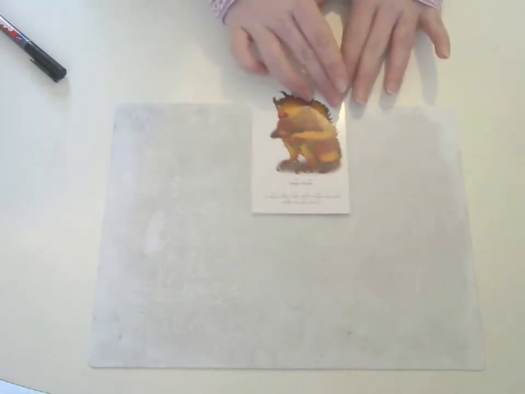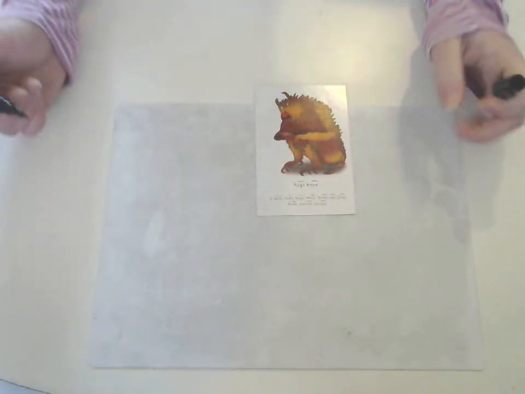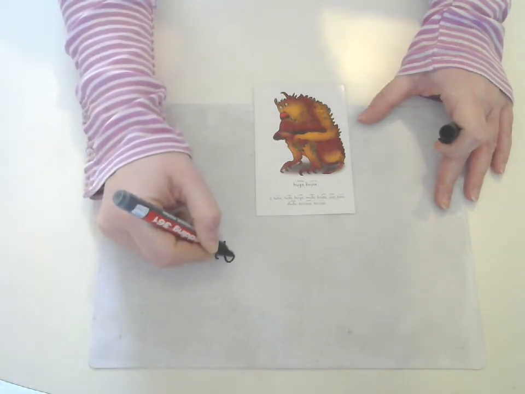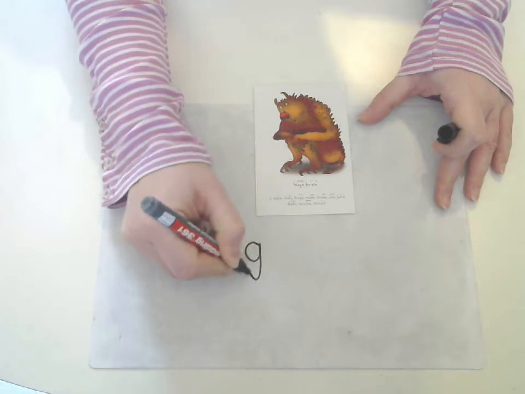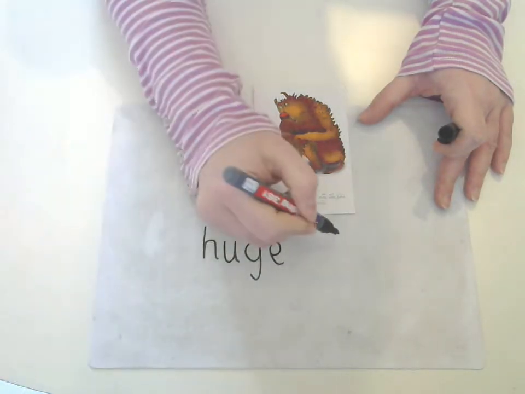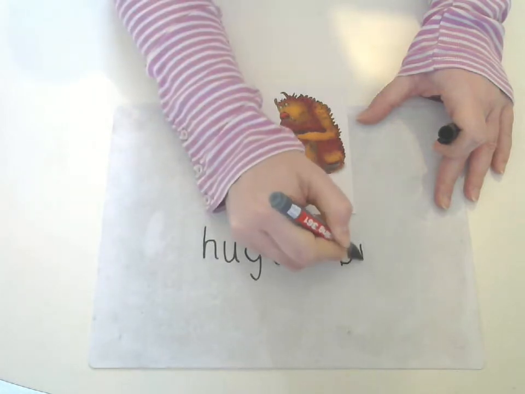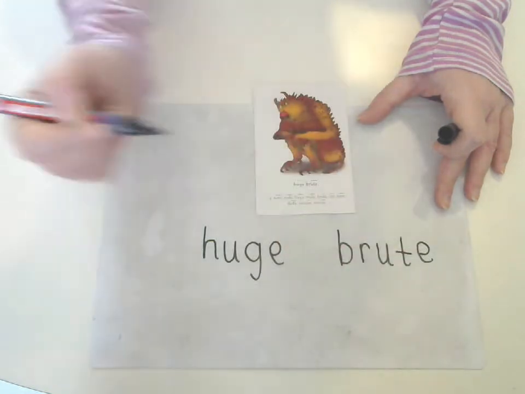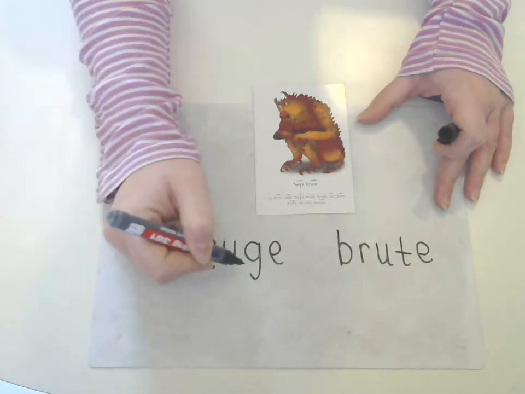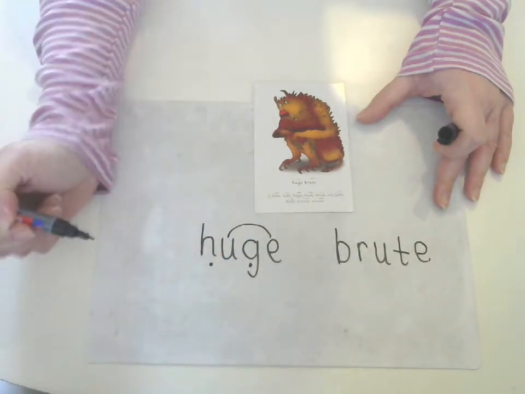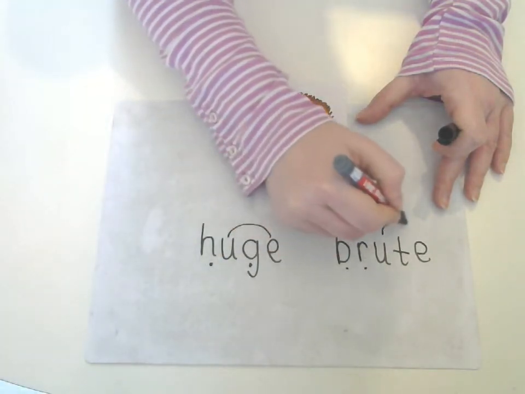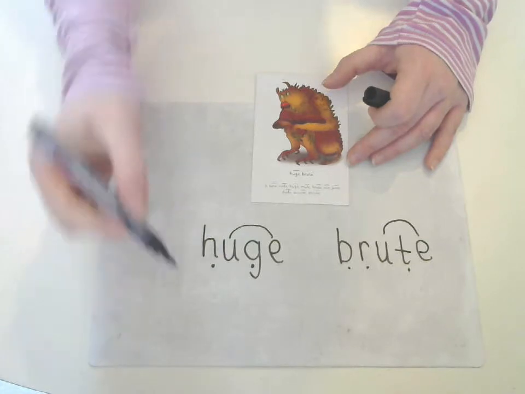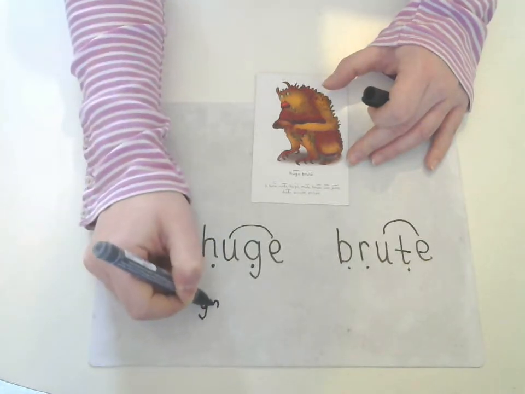If we look on the back of this card, what we have here is a huge brute. And when we do the sounds in these words, in huge, it makes a u sound.